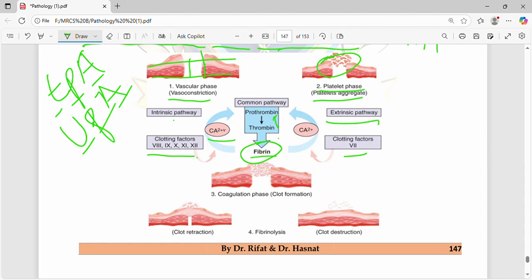The last result is a fibrin mesh. So this is the coagulation phase, clot formation. They will form this mesh which will trap cells, and they will form a clot. Clot retraction and organization further occur here. Then there will be fibrinolysis, fibrin degradation.